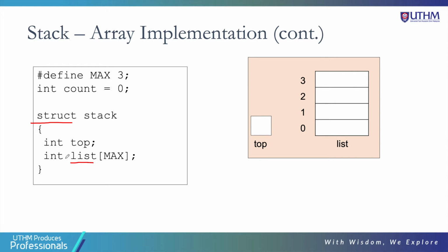Let's say when you want to create another stack, we want to have two elements, for example int and also float. So that's why we are using struct, to accommodate a variety of data types. For example, I'm just using one data type, which is int.